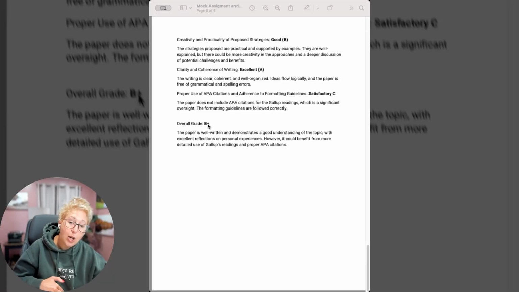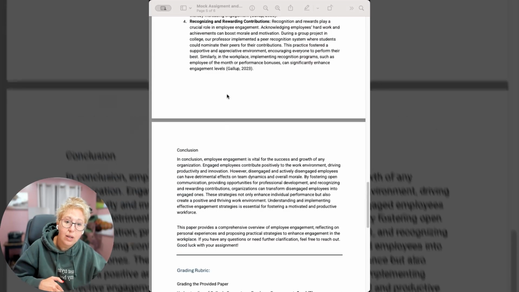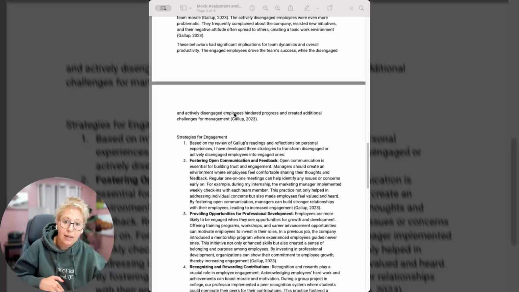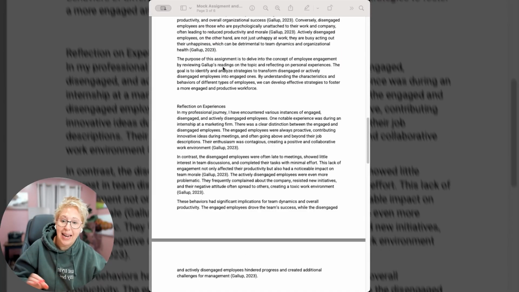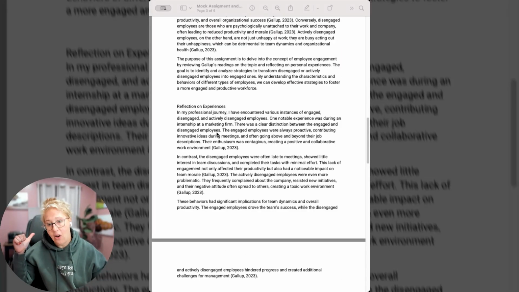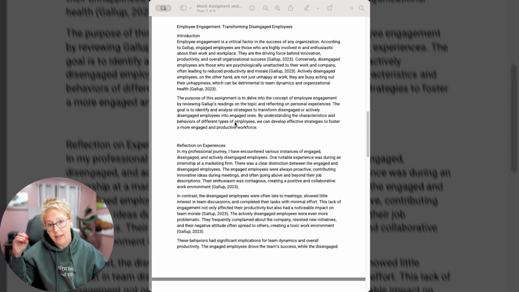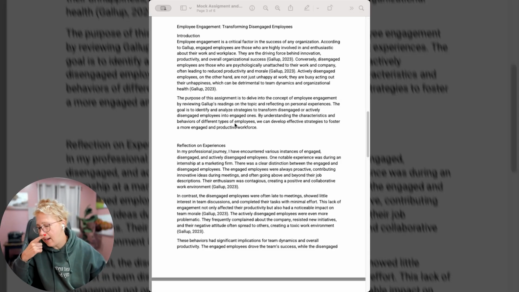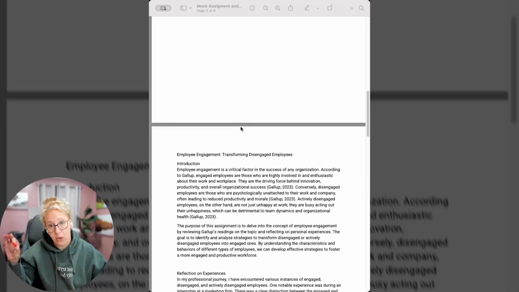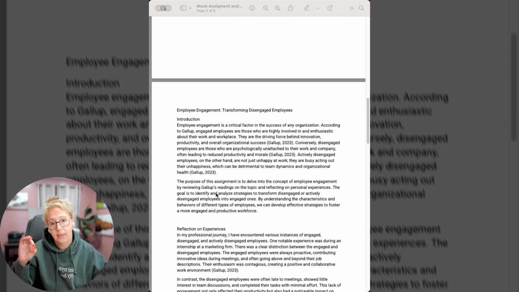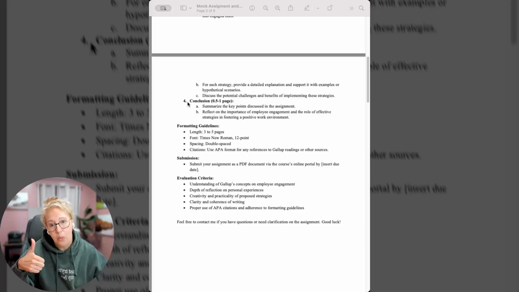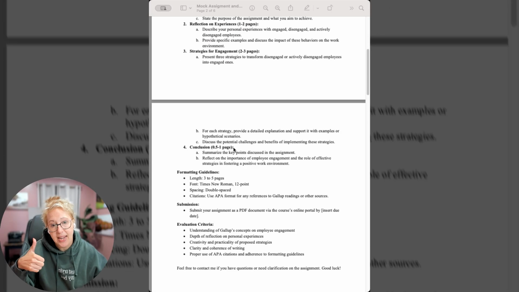So now I can go back to this paper in my original document and edit it based on the rubric that ChatGPT provided for me. That gives me an early opportunity to improve my grades based on what my instructor provided to me.